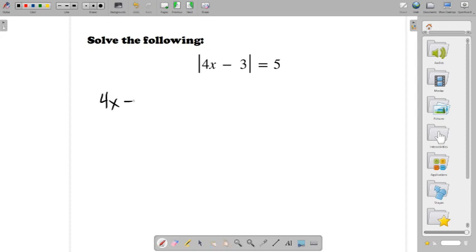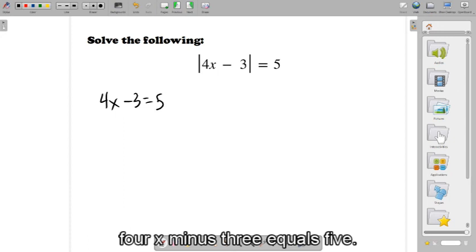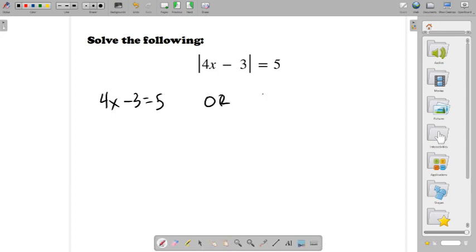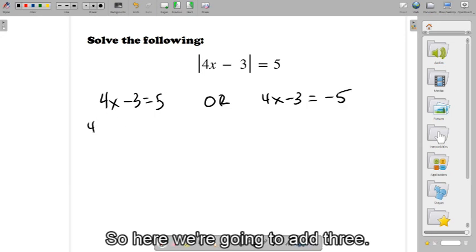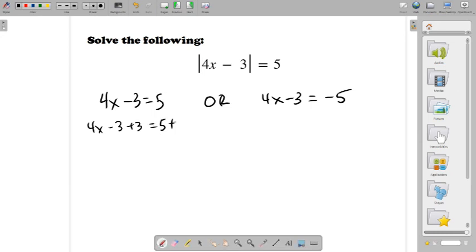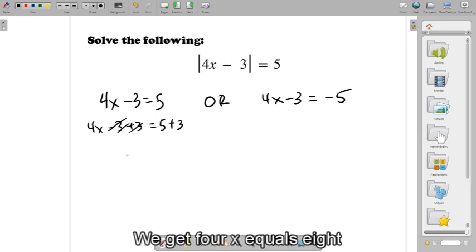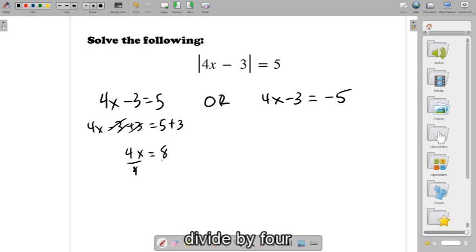This one we have 4x minus 3 equals 5, or 4x minus 3 equals negative 5. So here we're going to add 3. We get 4x equals 8. Divide by 4.